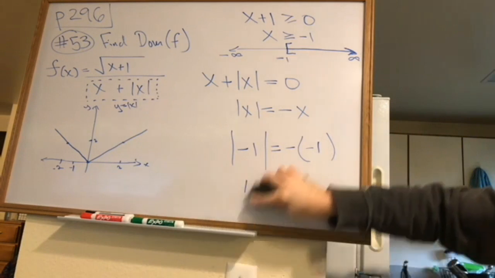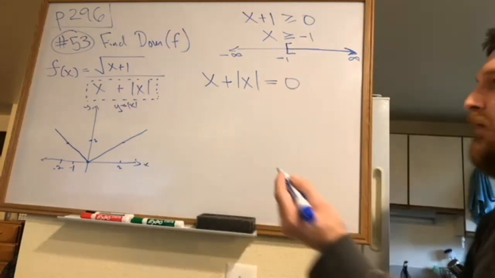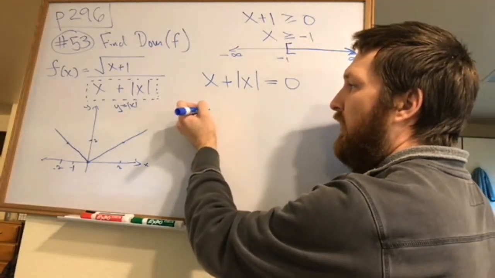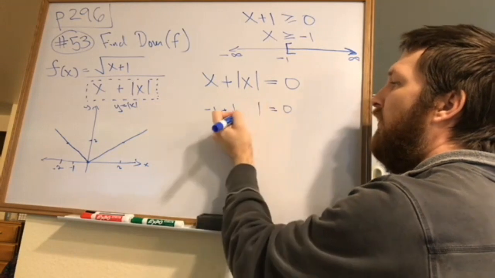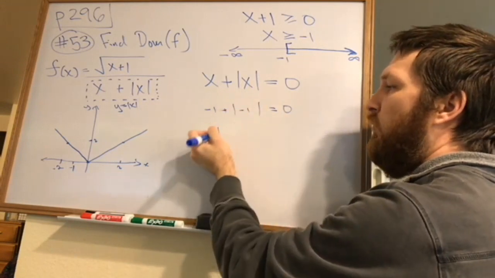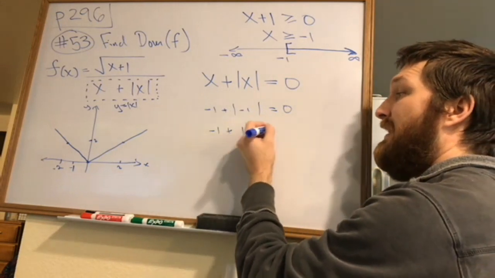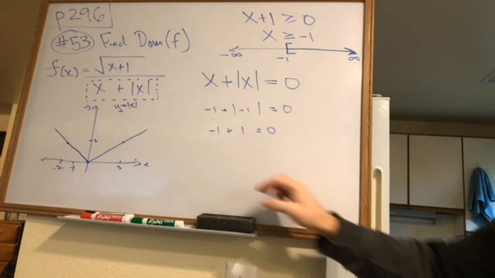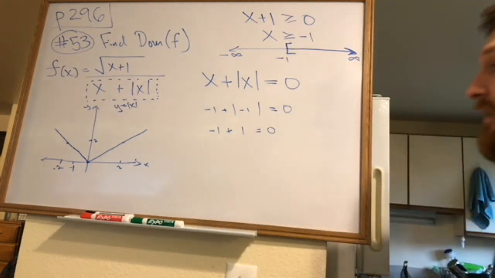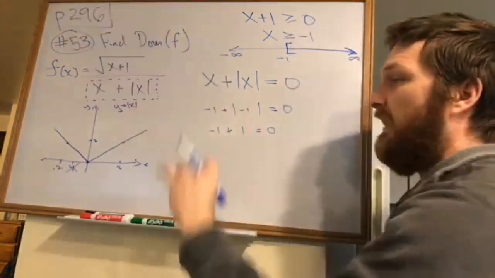Let's go back to the very beginning of this right here. What we said is if I plug in a -1 here, will that give me a 0? So we have -1 plus absolute value of -1, which is +1. It does give me 0. Uh-oh, that's no good. We can't have that. So we can't have -1.